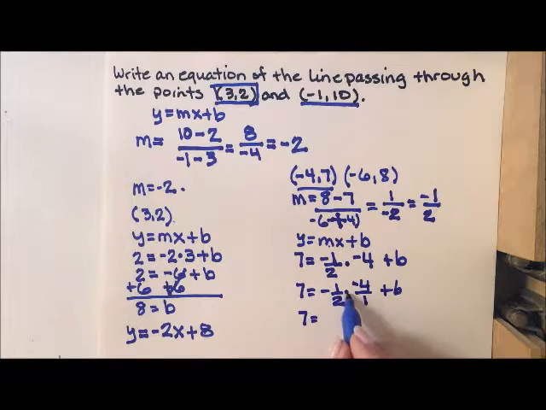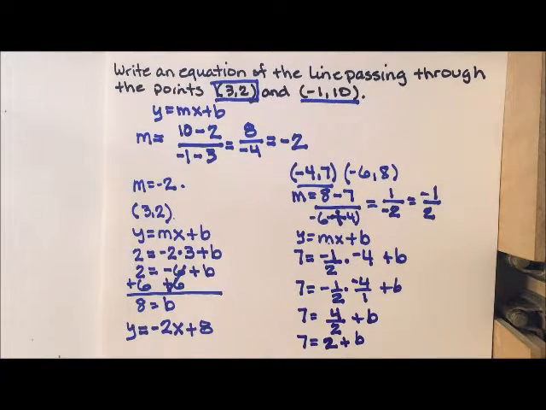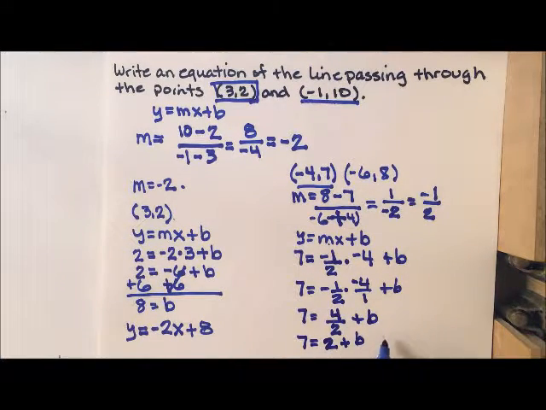That gives me -1 times -4 is +4. 2 times 1 is 2 plus b. And so 7 equals 2 plus b. I can subtract 2 from both sides, and that's going to give me b equals 5.